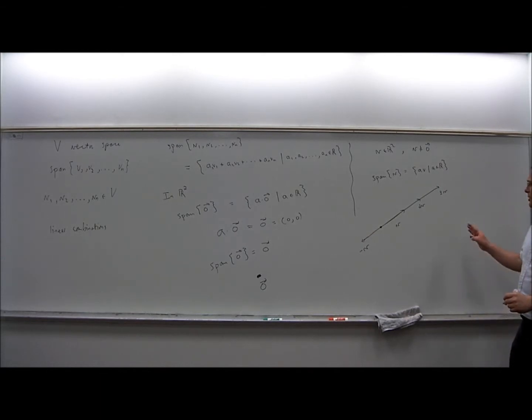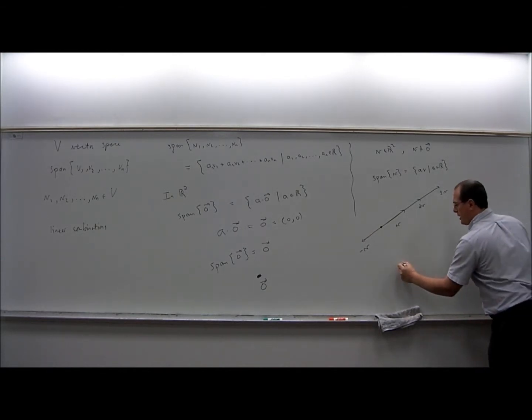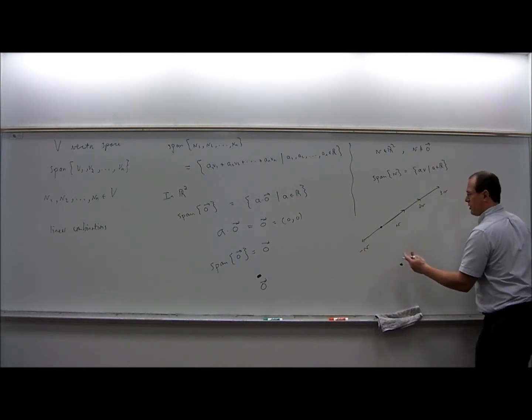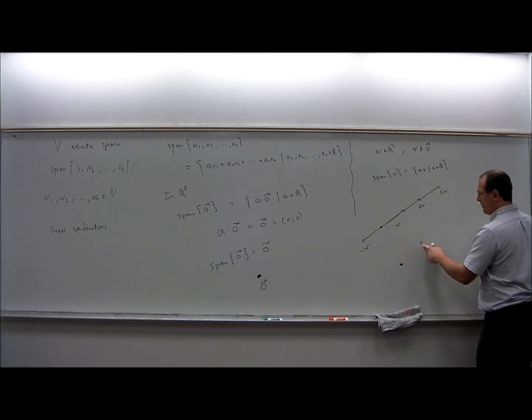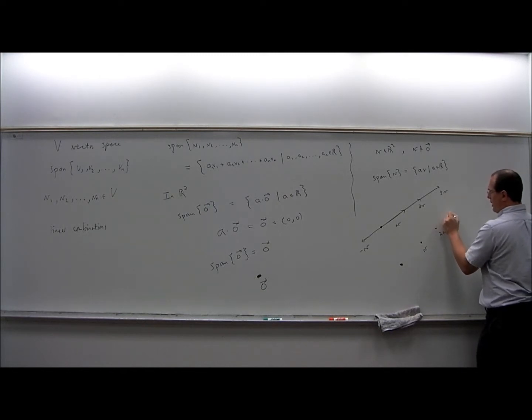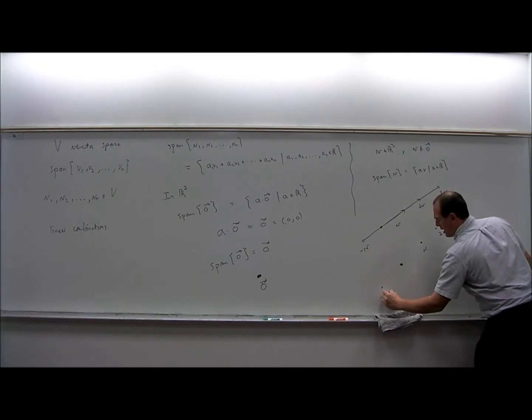And now to help simplify the picture a little bit, let's say that there's 0, and let's just put dots at the terminal points. So let's say V would be here. So that dot will correspond to V. Instead of drawing the whole arrow, this dot will be at 2V, this dot will be at 3V, this dot will be at negative V.